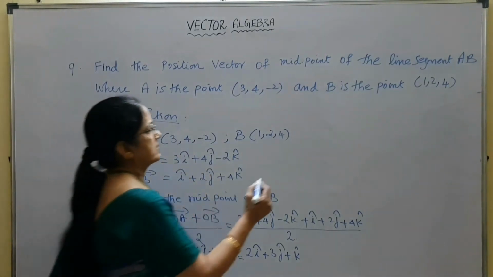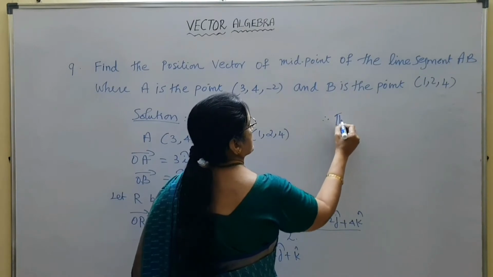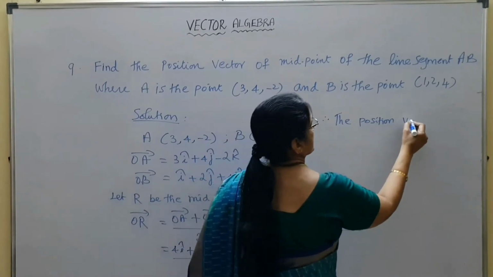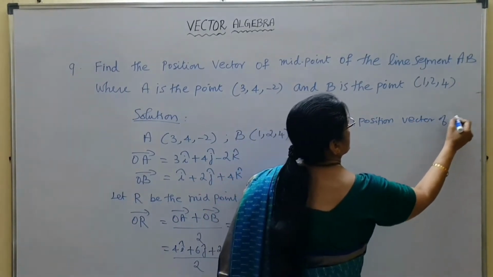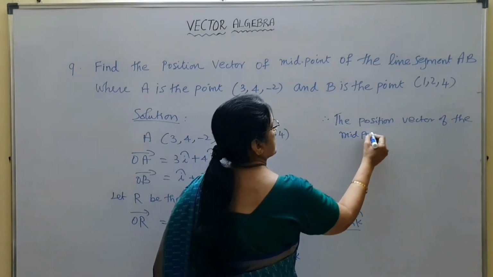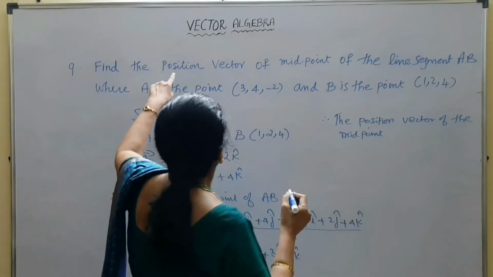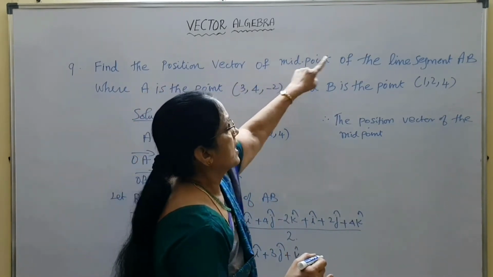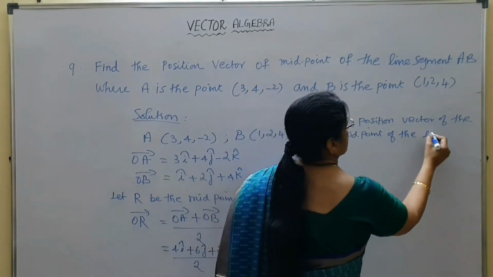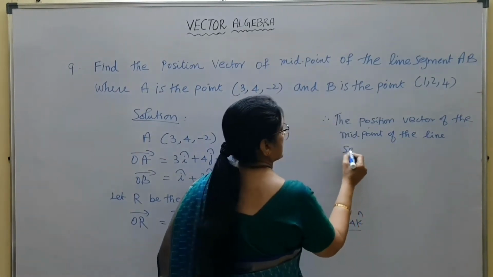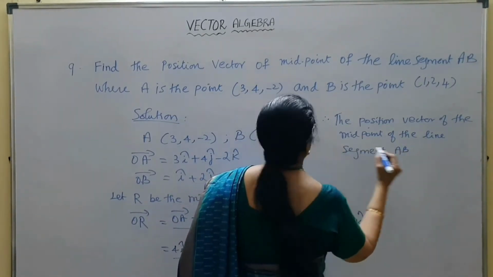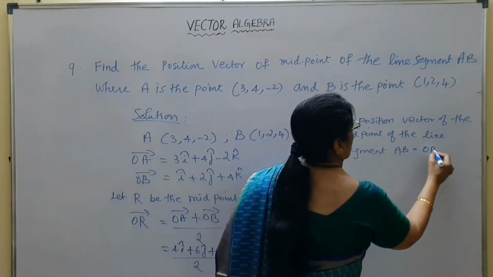Finally, I need to write, therefore, the position vector of the midpoint of the line segment AB is equal to OR vector.